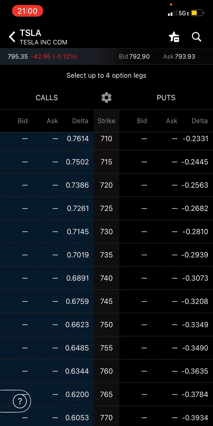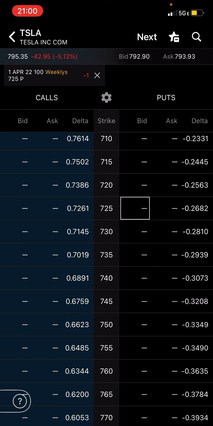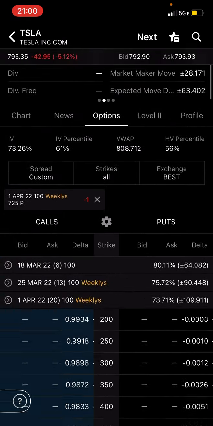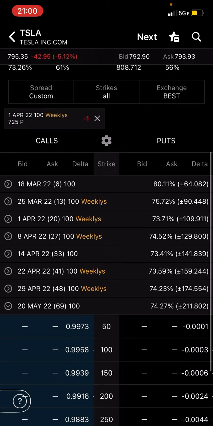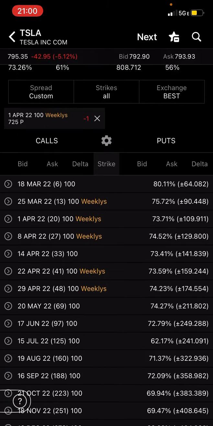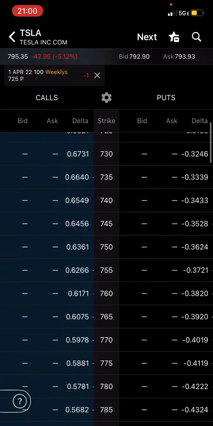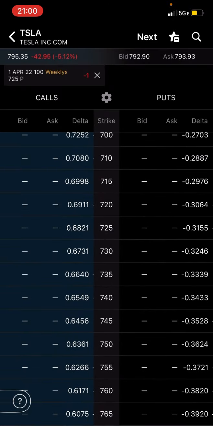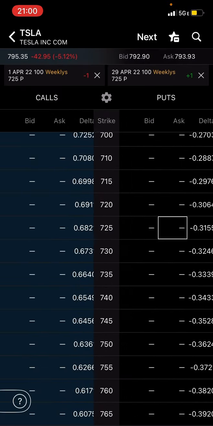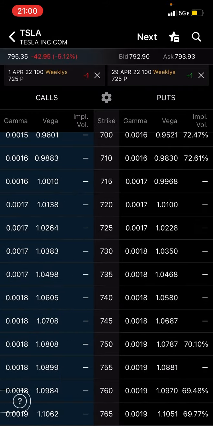Where is the bid and ask at? Okay, so that's a 26 delta right there. And then let's look for the end of April. We're just going to grab the same exact one. Again, I have no clue why the bid and ask spread isn't showing right now, but whatever.